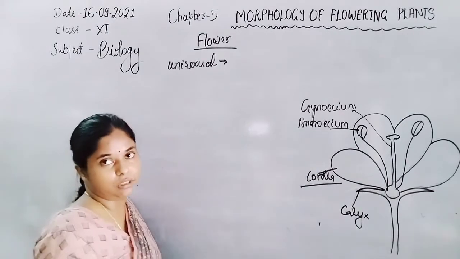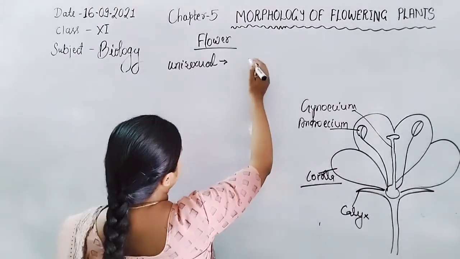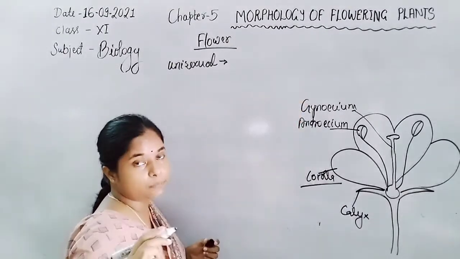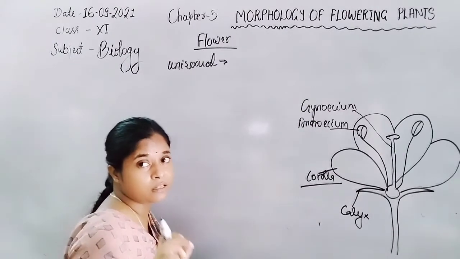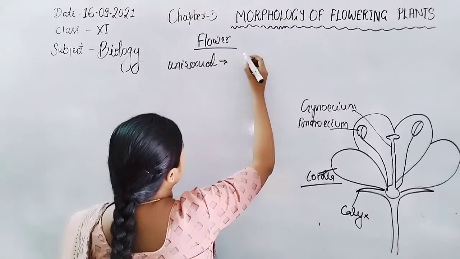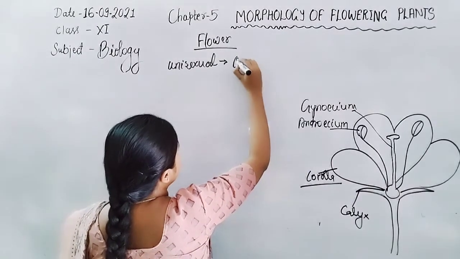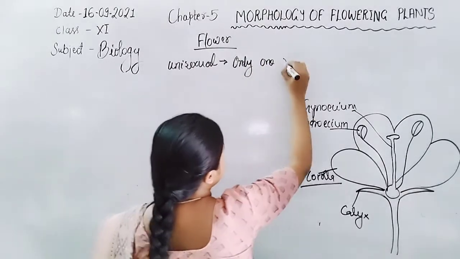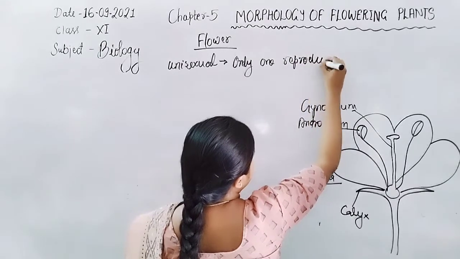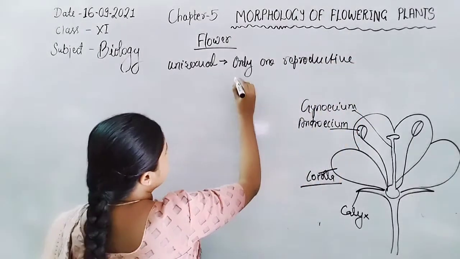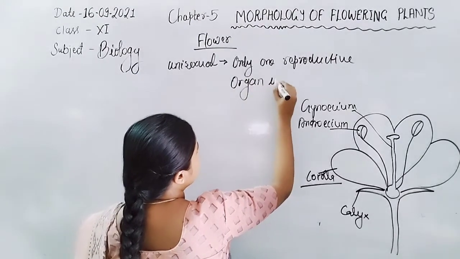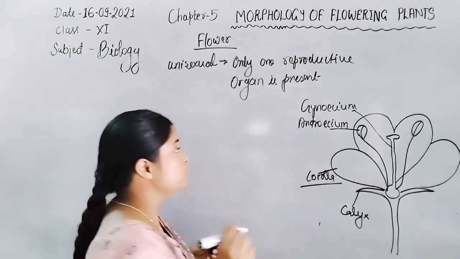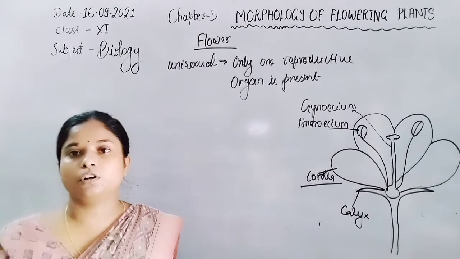Unisexual type of flower: if a flower shows either a male or female reproductive organ, such a type of flower is known as a unisexual flower, because only one reproductive organ is present.